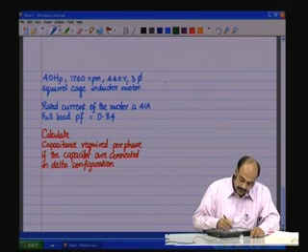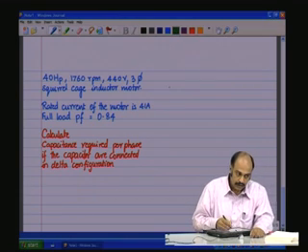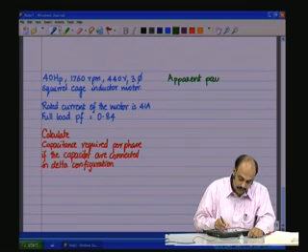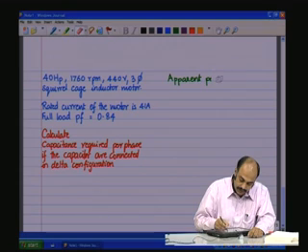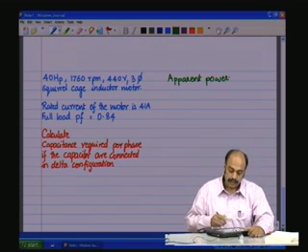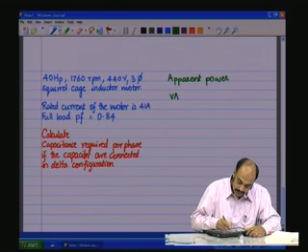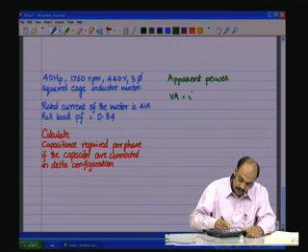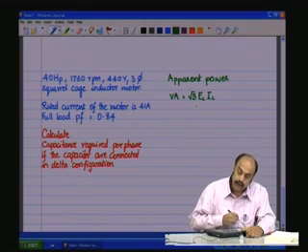So first let us calculate the apparent power. The apparent power VA under full load conditions is given by VA equals root 3 into line voltage into line current.